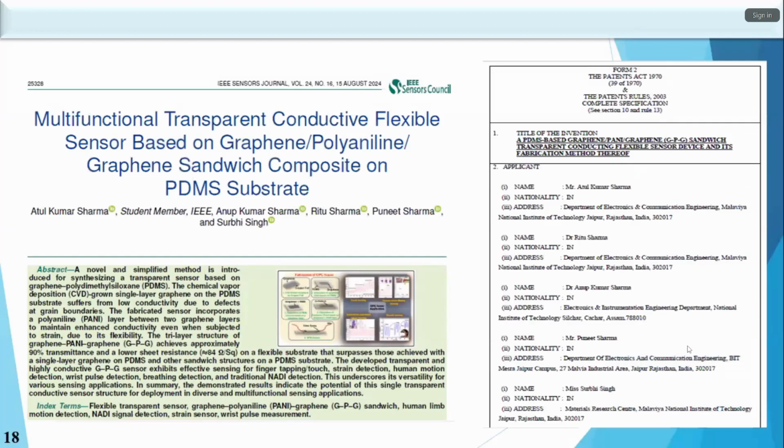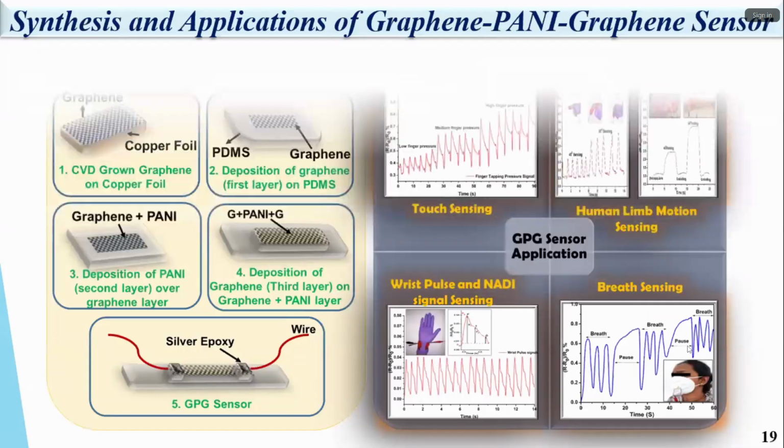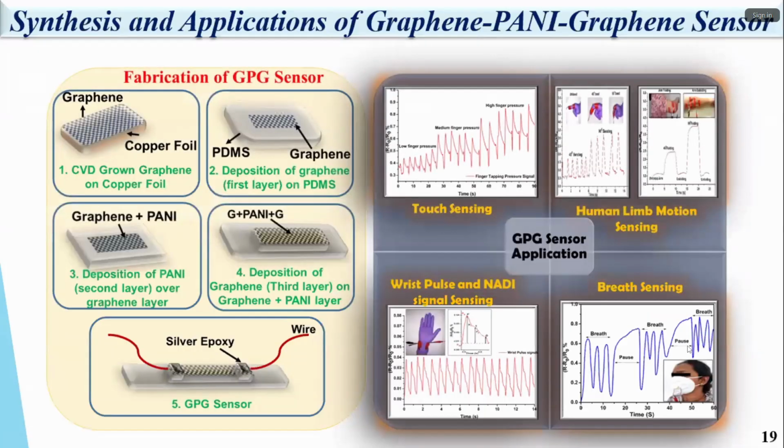This is something different work, and I would like to brief about it. This is not relevant to metal gel, but we could incorporate metal gel in this work. So basically, in this work, we fabricated a graphene and polyaniline graphene sensor.